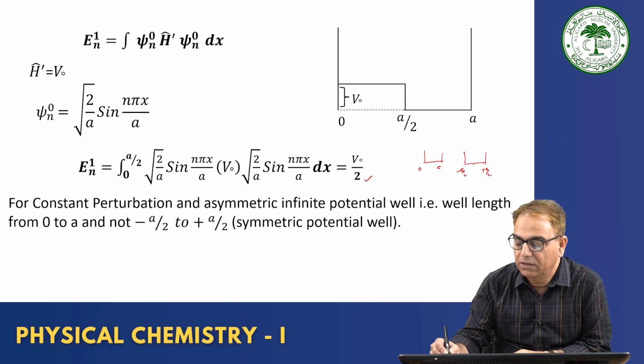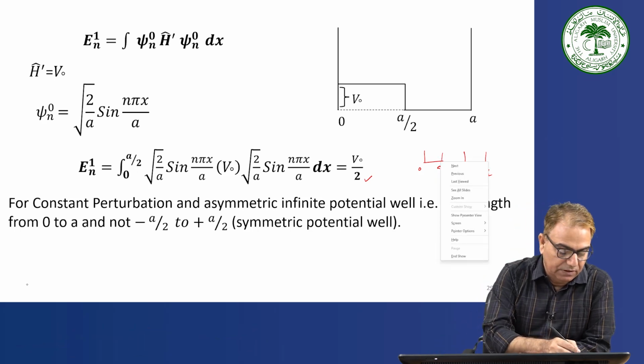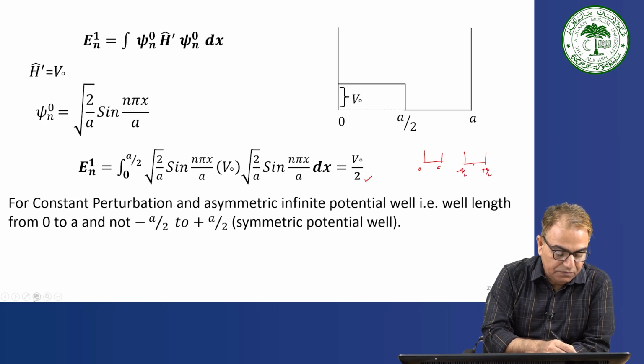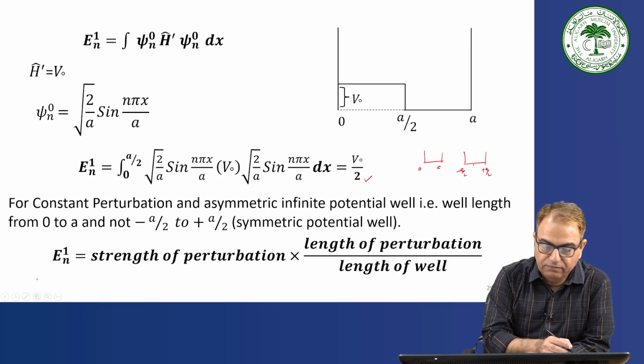This is called a symmetric potential well, and the other is called an asymmetric potential well. So if you have a symmetric potential well, then this particular relationship can be used.